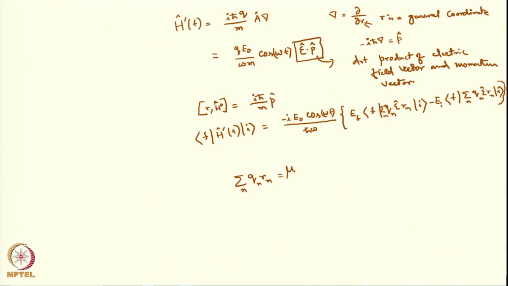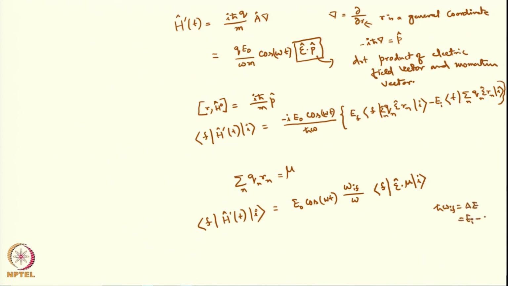So, when we do that and do a little bit of rearrangement, what we get is the integral f H prime t i equals E naught cos omega t times omega i f by omega, times the integral f mu i, where h bar omega i f is equal to delta E, which is equal to E i minus E f.